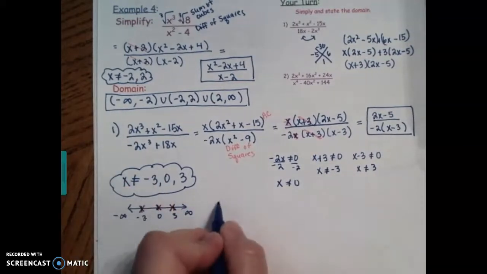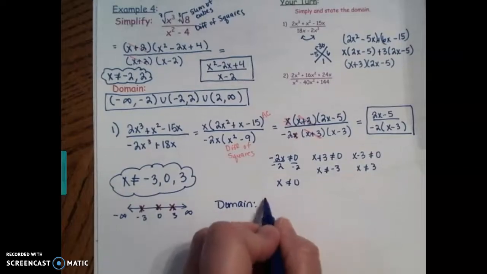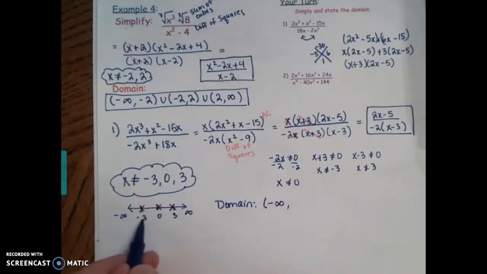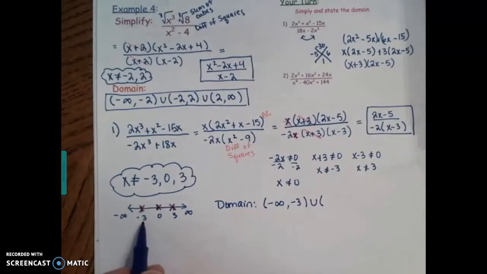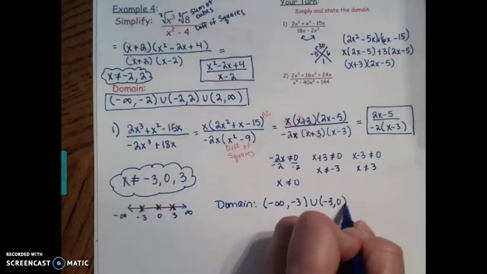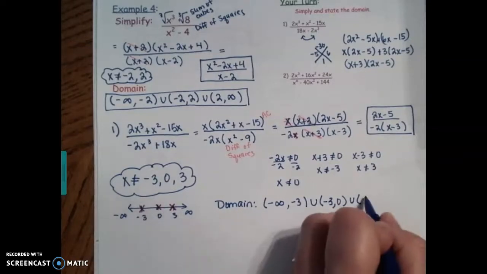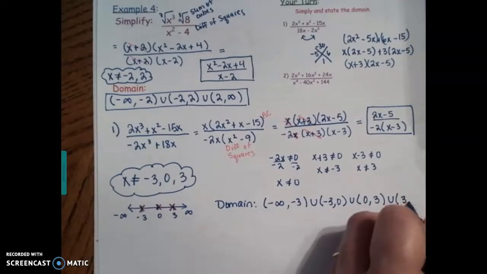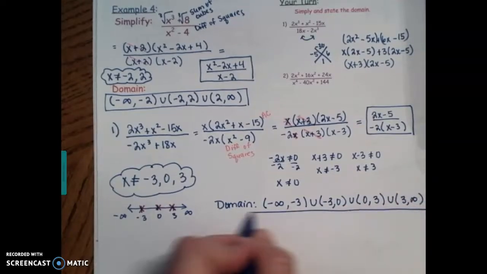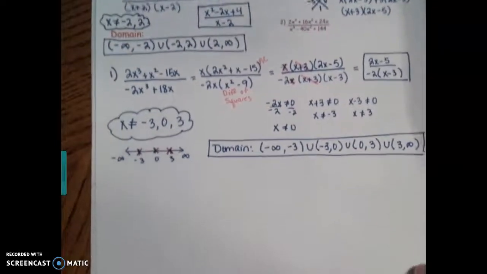So when I write my domain, I'm going to start at negative infinity, come up to negative 3, can't use negative 3. Now I need from negative 3 to 0. Now I need from 0 to 3. And then we need 3 to infinity. So there's the domain for that function.